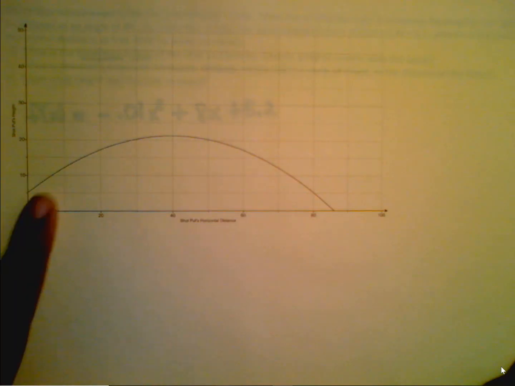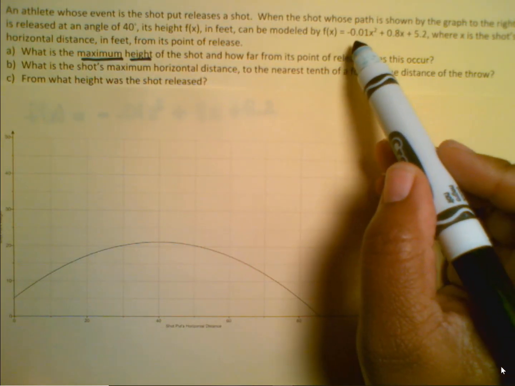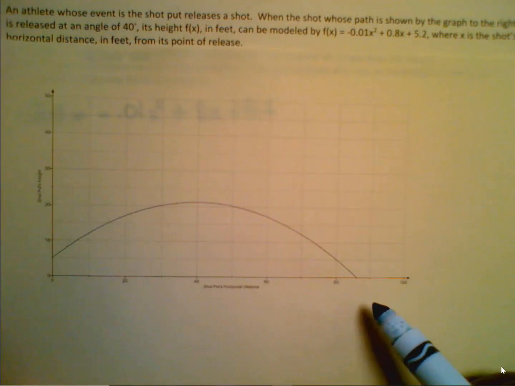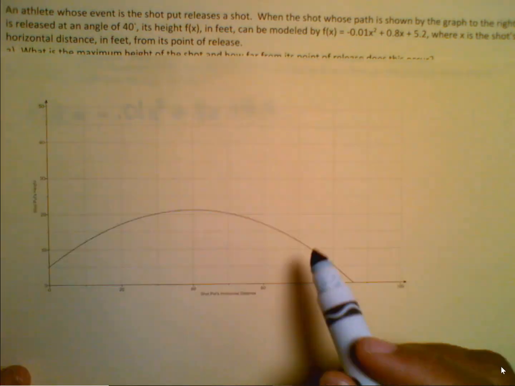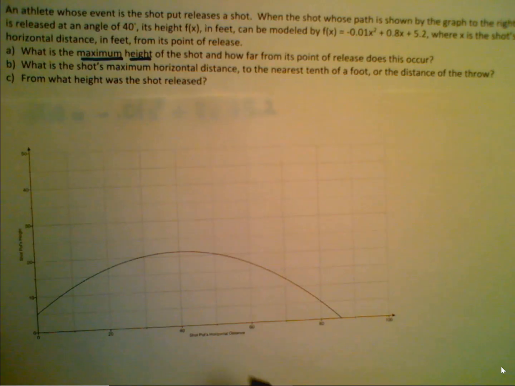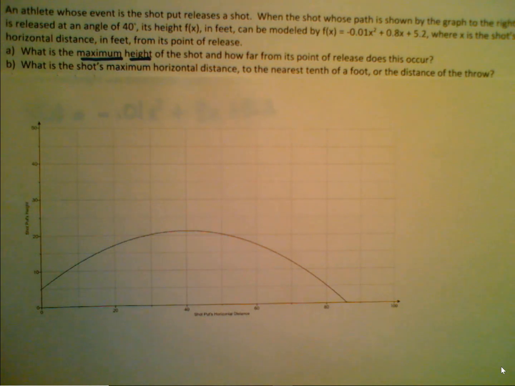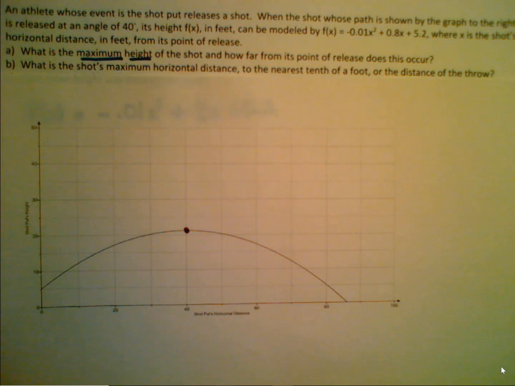Okay, so it opens downward. And we know our leading coefficient is negative 0.01. So this is what we want to see, is the shape of a parabola. So we want to find the maximum height. As we look at our diagram, we want to find what its height is there.